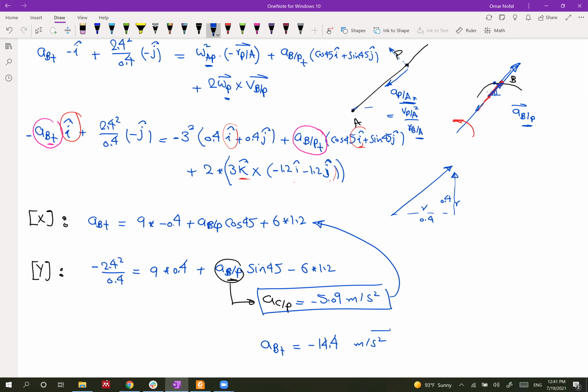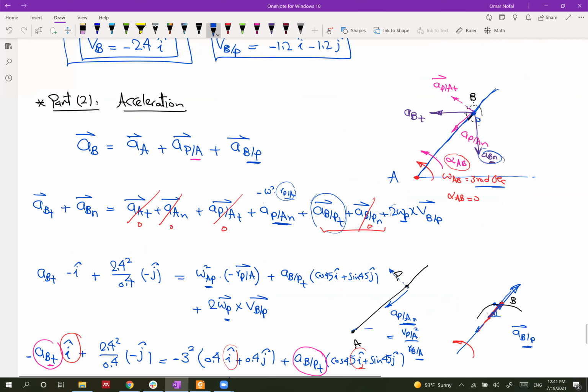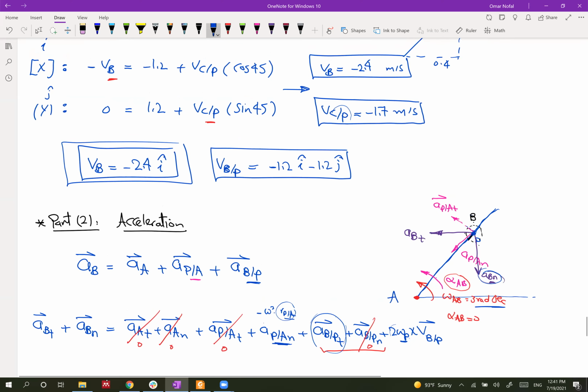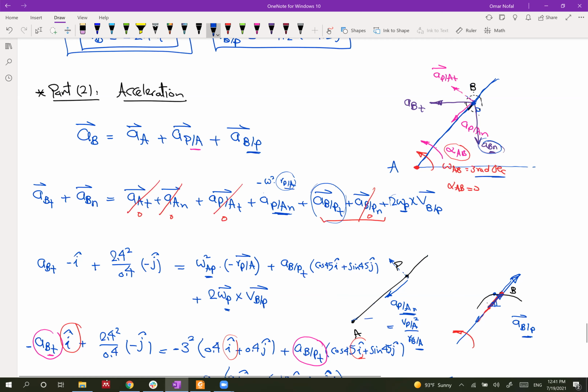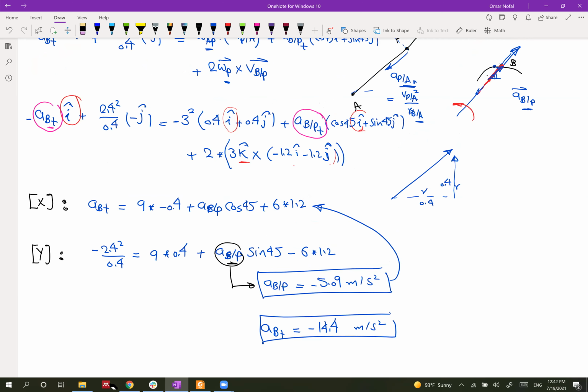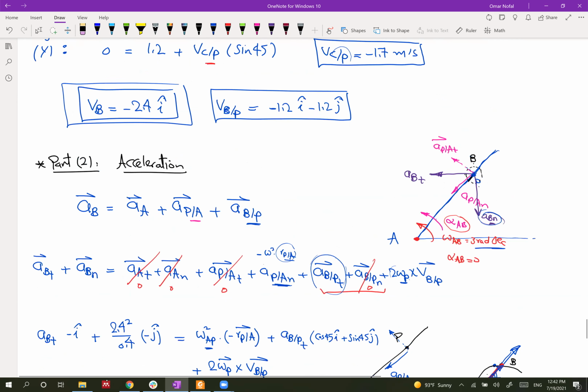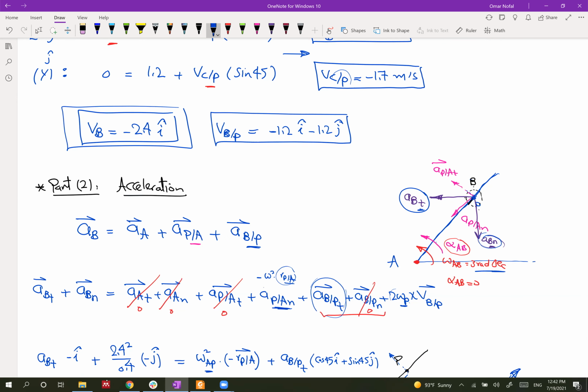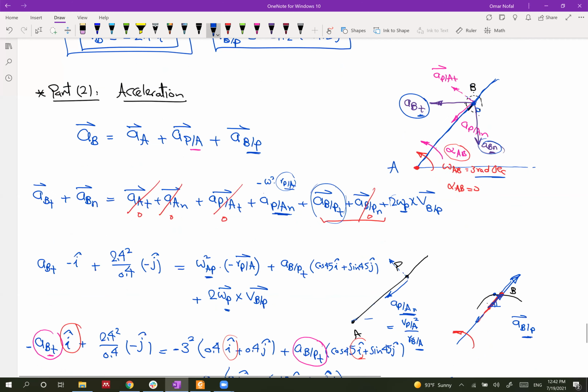And actually, if we want this acceleration in terms of, sorry, we call this P as well. And this you will find has AB tangent. This is the AB that we got at this point here. It's in the negative I hat direction. So this is how to solve the acceleration.